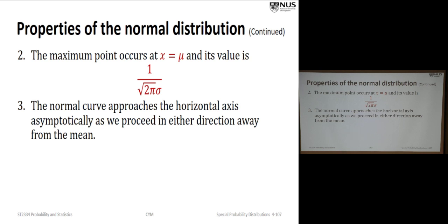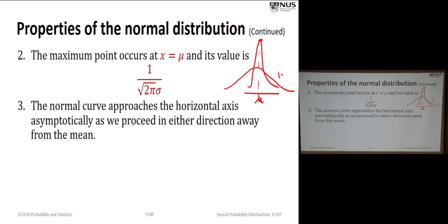You can also see from here that the maximum value of the PDF depends on 1 over square root 2 pi sigma. If sigma is big, then this quantity will be small. In other words, if the variation is big, then the maximum of the PDF will be smaller. To draw the picture, if you have a small sigma, then this value is bigger than if I have a bigger variation.